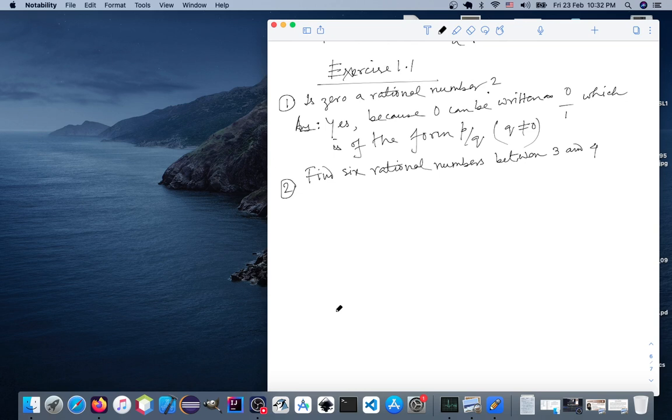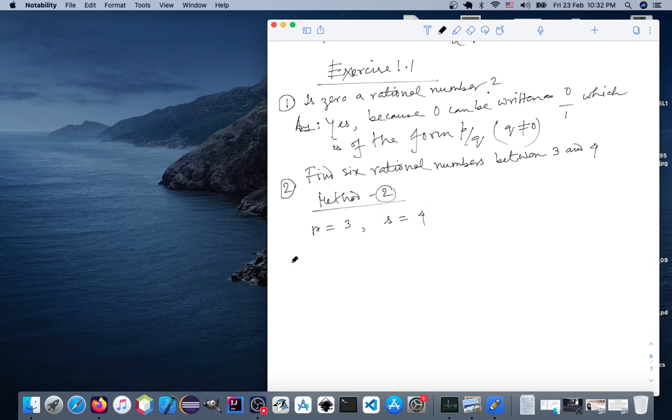If we are asked to find a single rational number between any two rational numbers, then we will use the formula (r + s)/2. Now, we are using method 2. So, r is 3, s is 4.